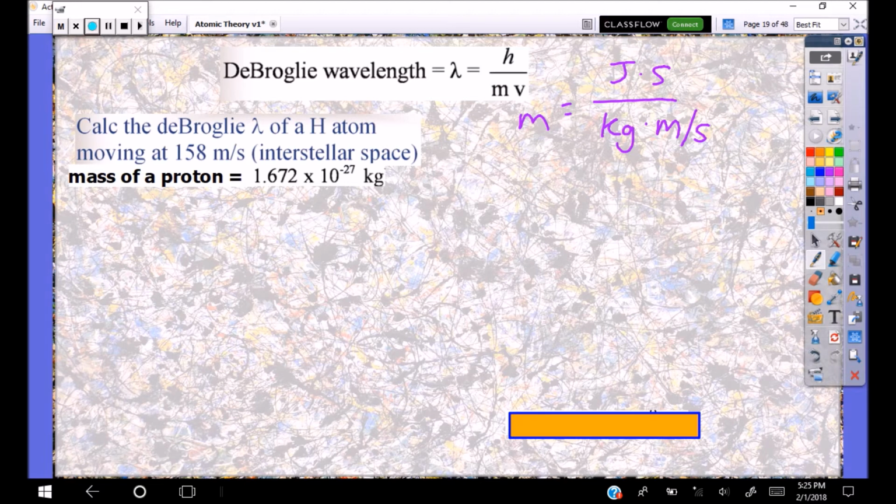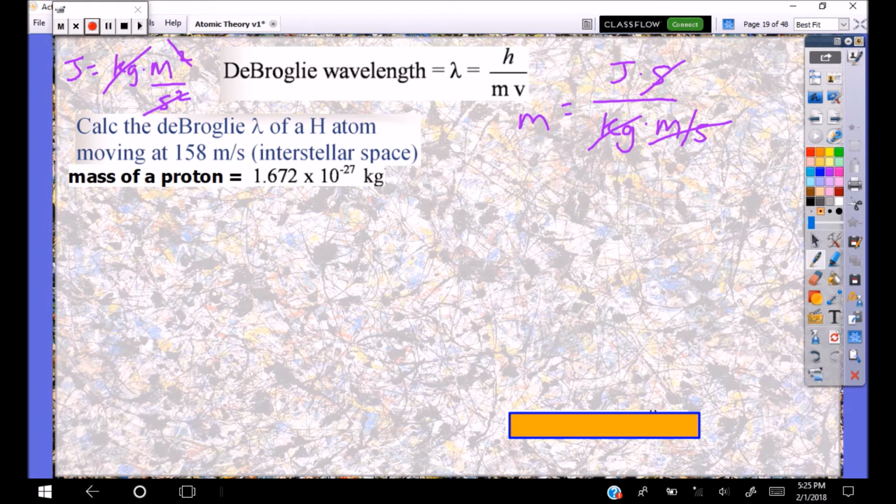A joule is equal to a kilogram times a meter squared over second squared. So one of those meters is going to be gone from my meters per second, both seconds are gone, and kilograms drop out, and I'll be left with just meters on top. So the meters do end up getting there from the units. It works, I promise.